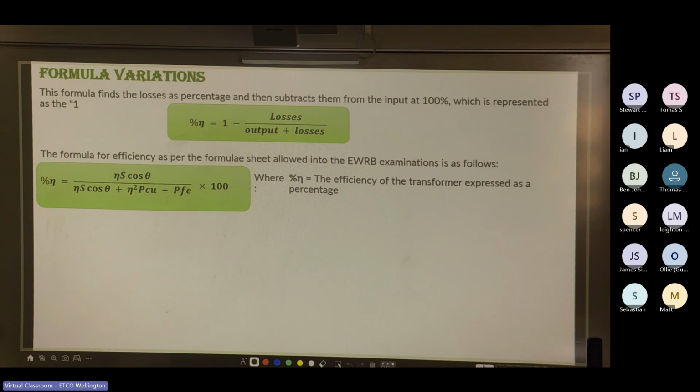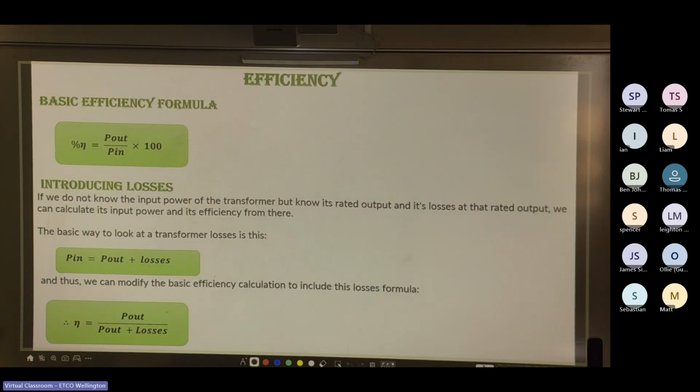Would it be output over in plus losses, not out? Are we talking about the losses as a percentage or the previous page? Talking about the previous page. So P in equals P out plus losses.